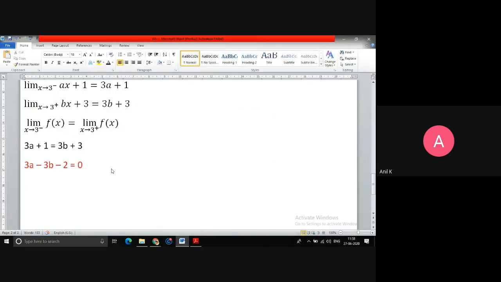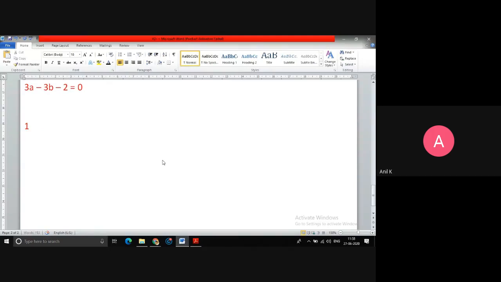Let me write here question number 19. g of x is given as x minus step of x. This is what the function is given.